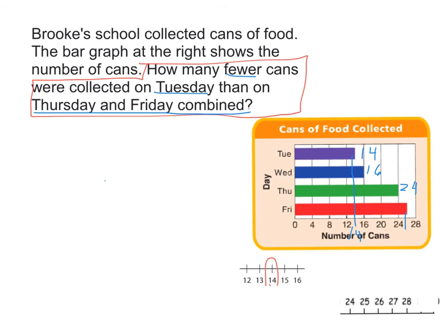Which number would be right in the middle? Well, that would be the number 26. And again, just to make sure, you can see that there are 2 numbers before 26 and 2 numbers after 26. So going back to our question, how many cans were collected on Friday? That would be 26 cans.